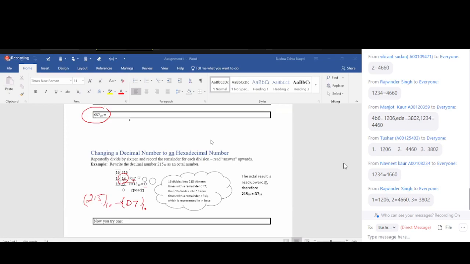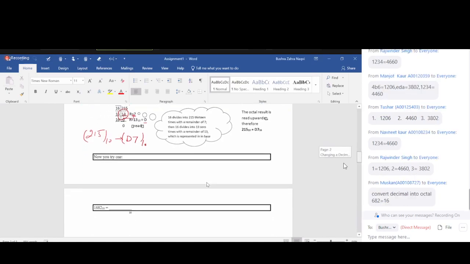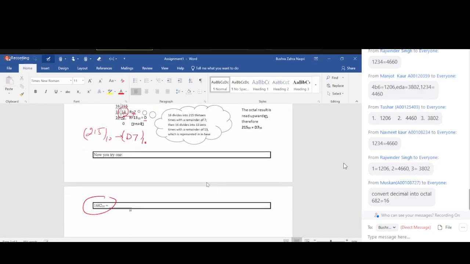Okay. All right. So, if you have a question, ask; if not, then try it at your side. This is the decimal number, and try to get base 16.